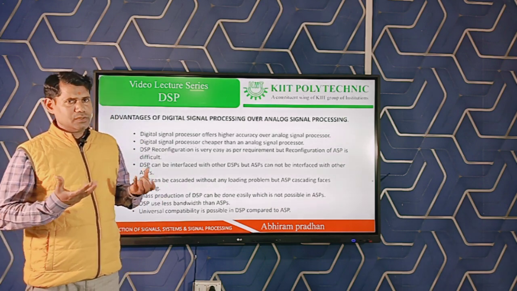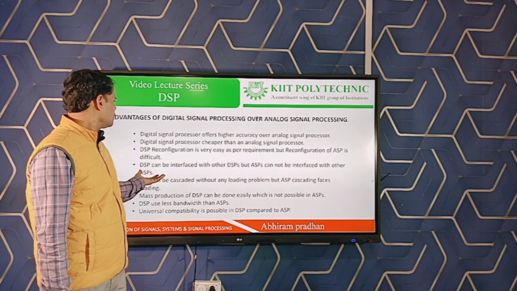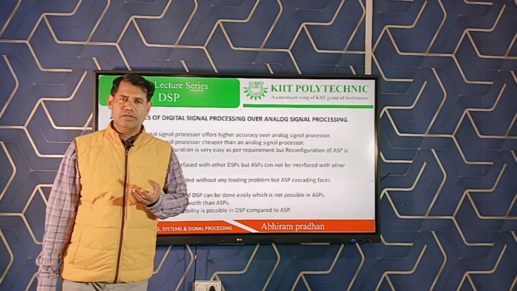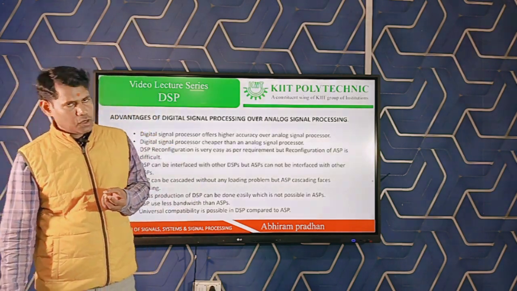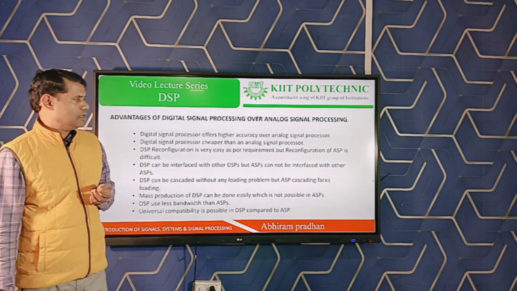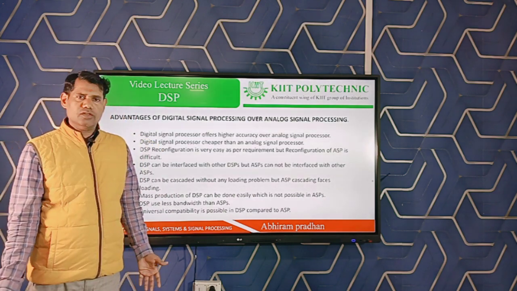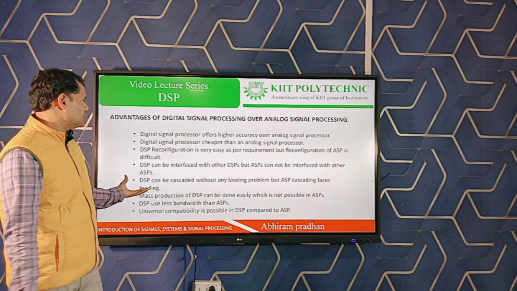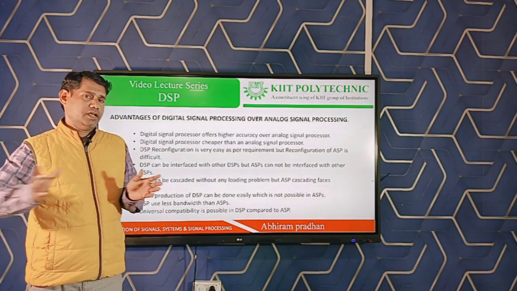Also in a DSP reconfiguration can be done, but in the case of analog no reconfiguration is possible in an ASP. And a DSP can be interfaced with another system.